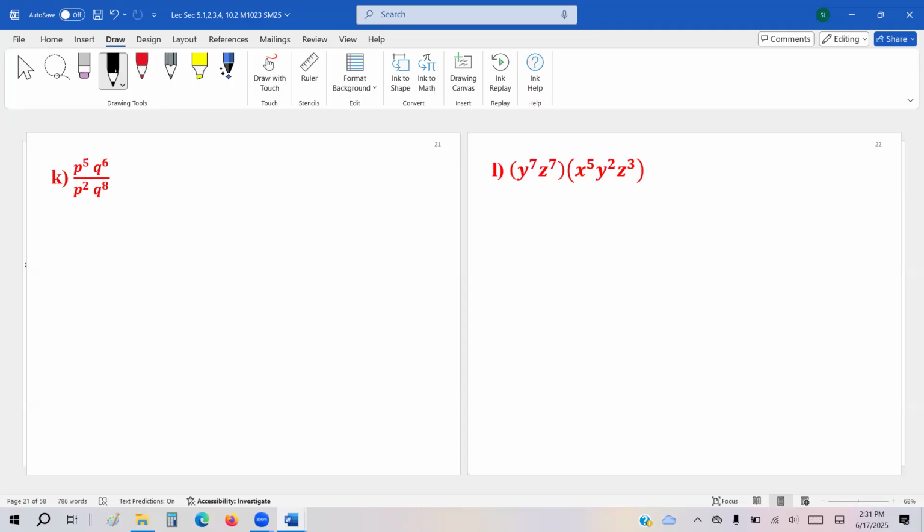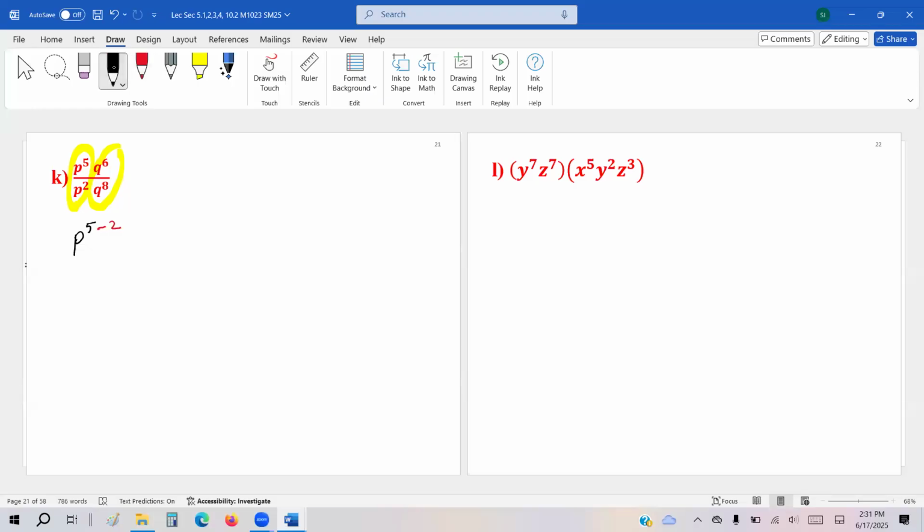Ready? No. Let's do it together. Tell me, what do you have? It's okay, I'll help you. So we have P's and Q's. So p to the 5 minus 2 on the numerator.